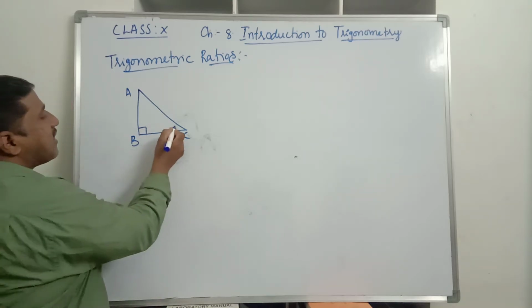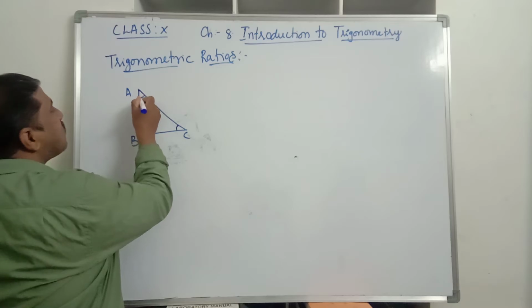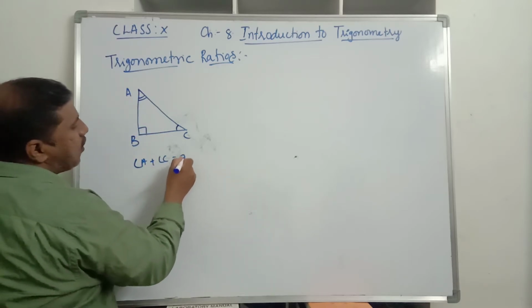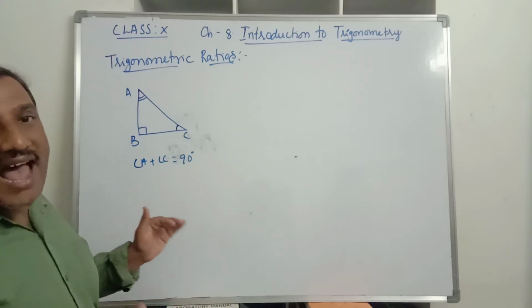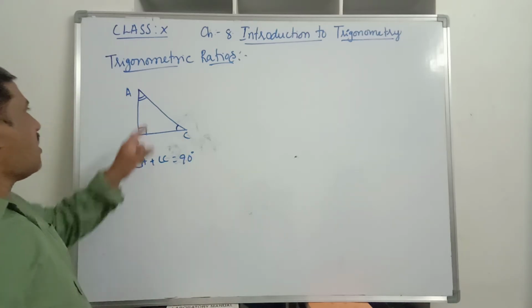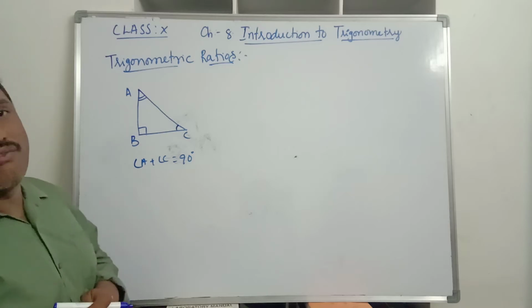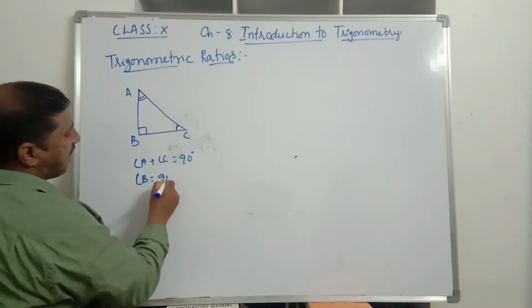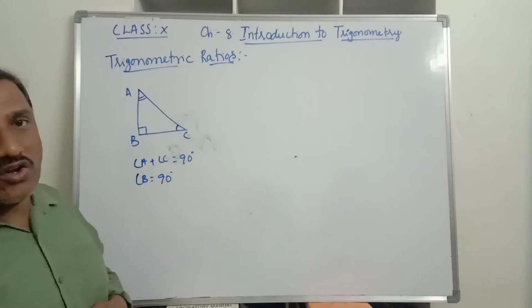What about angle C and angle A? Angle A plus angle C equals 90 degrees, by the angle sum property of a triangle: the sum of three angles is 180 degrees, and angle B is 90 degrees.